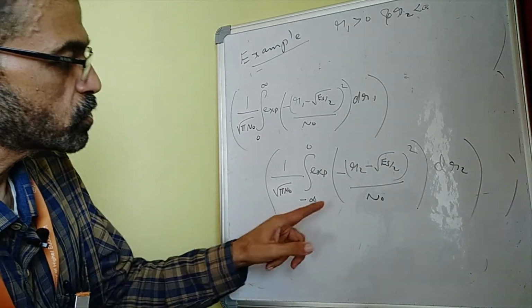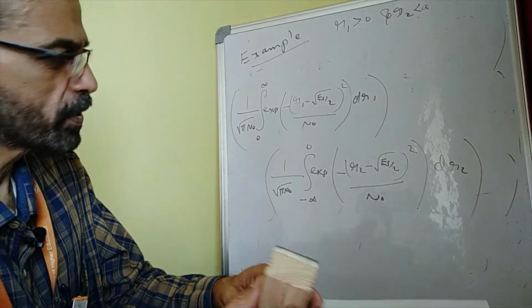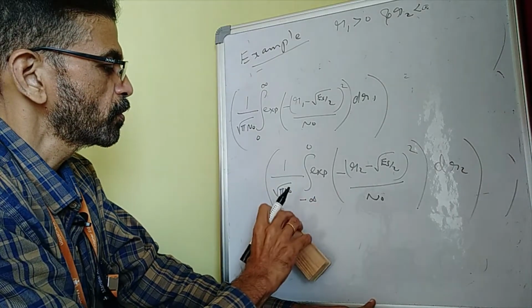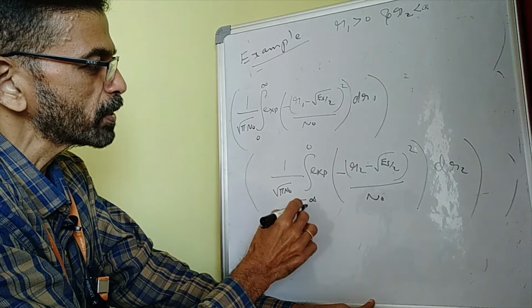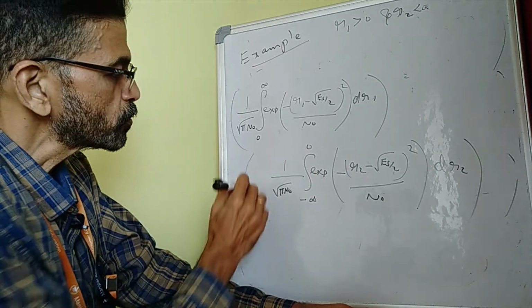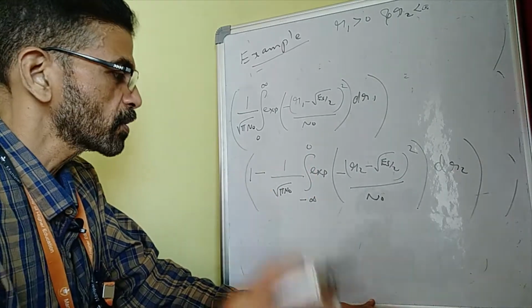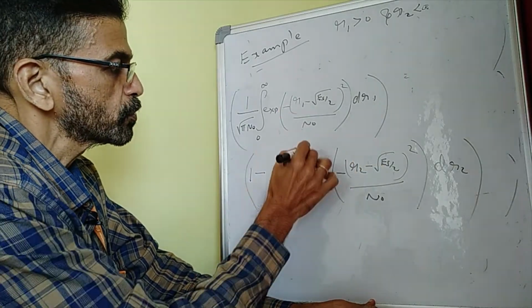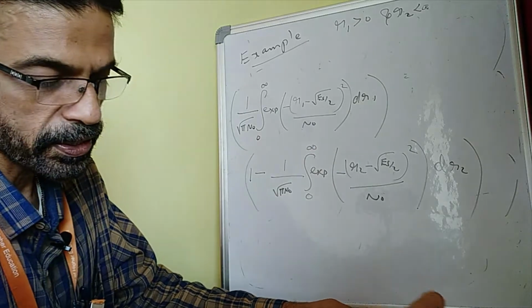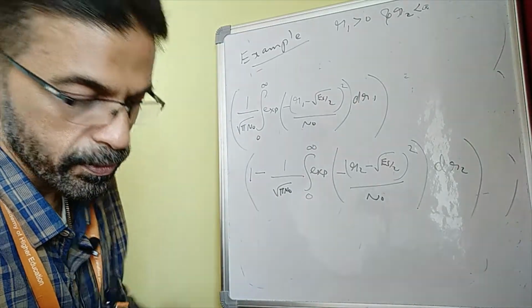And this, as you know, we can write as, because the entire integration from minus infinity to plus infinity will give us 1, 1 minus the integral from 0 to infinity.